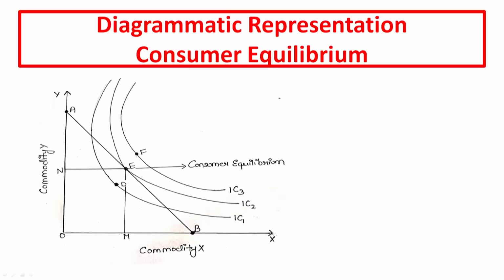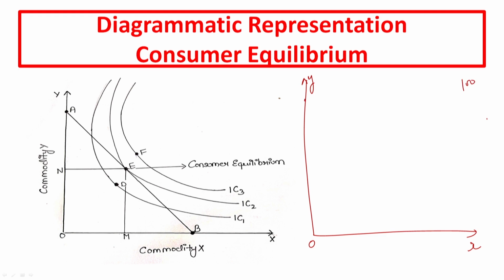This can be explained with the help of a diagram. The same diagram I am going to draw to make you understand the consumer equilibrium through indifference curve analysis. Y-axis, X-axis, O. Suppose the consumer is having some income, maybe 100 rupees.